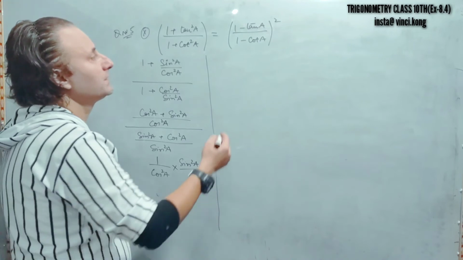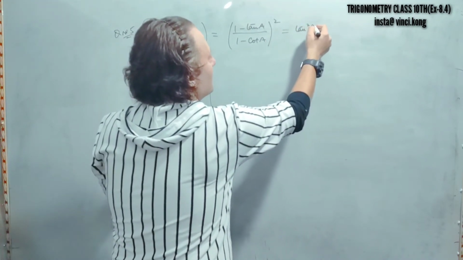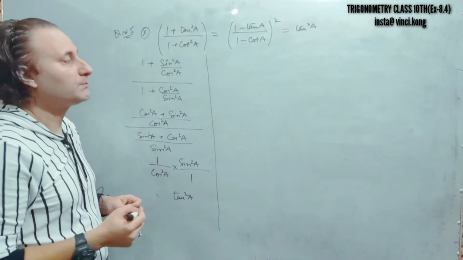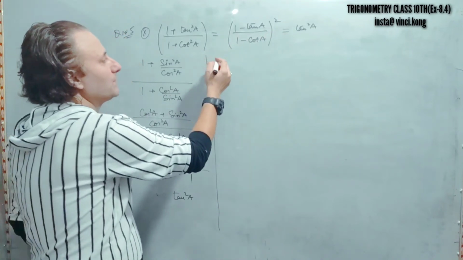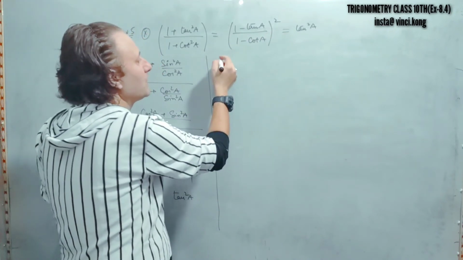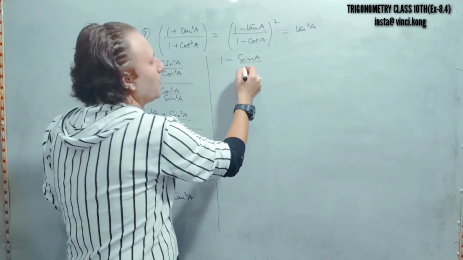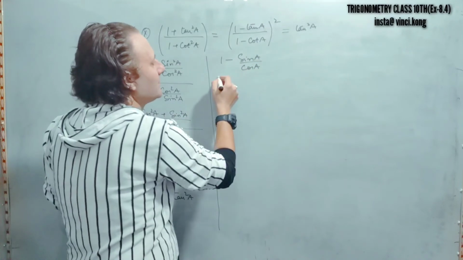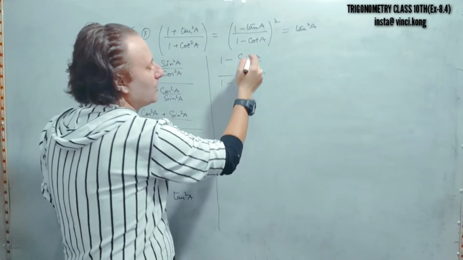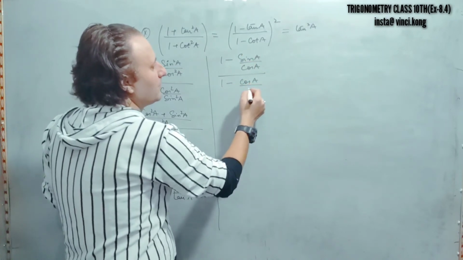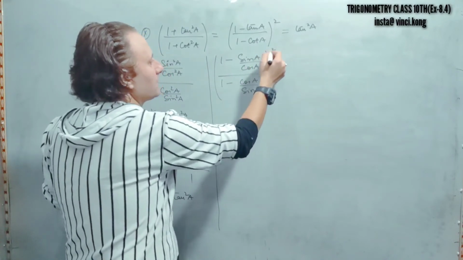And one more thing, you may see this question like this in your book. So we have this tan square A, let's solve this and see if we can get tan square A here as well. So 1 minus sine A upon cos A, because tan A is sine A upon cos A. Now cot A is cos A upon sine A. We have a whole square here.